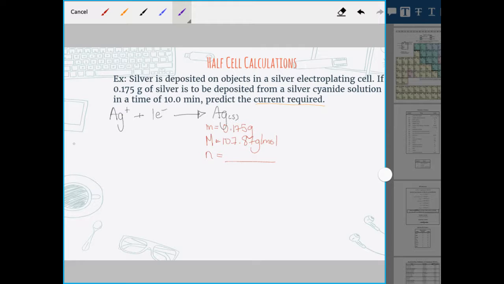So if I rearrange my formula, Ne equals IT over F, to calculate for my current, I'm going to have current equals my number of electrons times Faraday's constant divided by my time. So again, I have my number of electrons. This will be from my mole ratio.